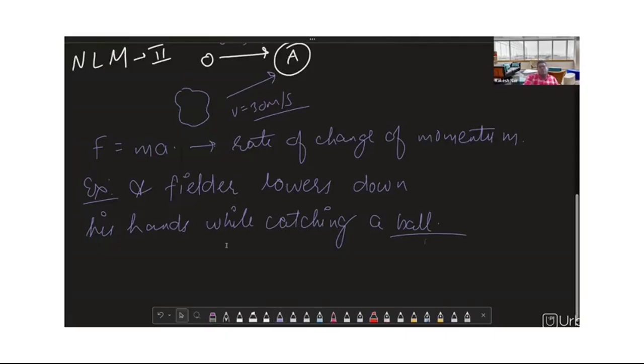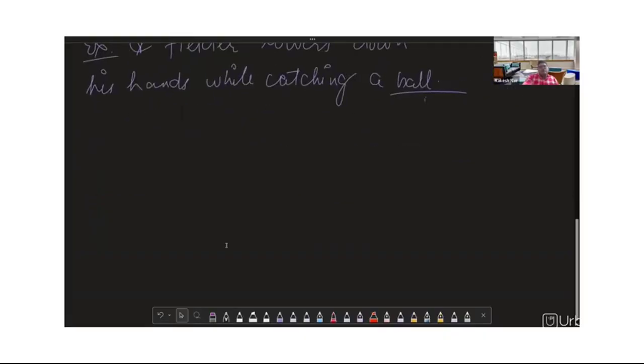Next, these are all certain examples which are getting asked in the CBSE boards.